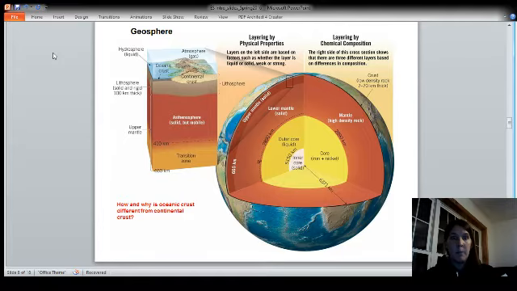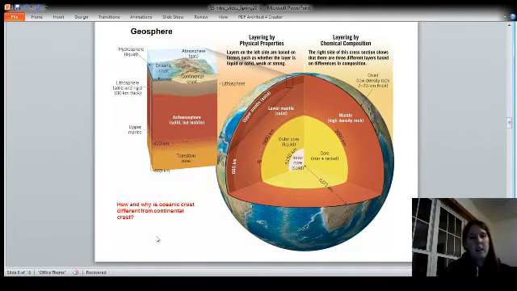Again, about 2,800 kilometers, we reach the outer core. And like we said, the core is iron and nickel. However, the outer core is liquid. And it's scientists' current belief that about 5,000 kilometers into the Earth's interior, we reach the inner core, which is also a composition of iron and nickel. However, this is solid material.